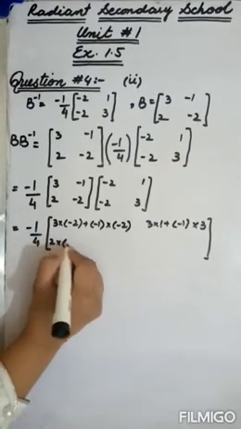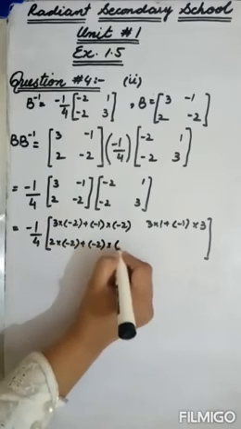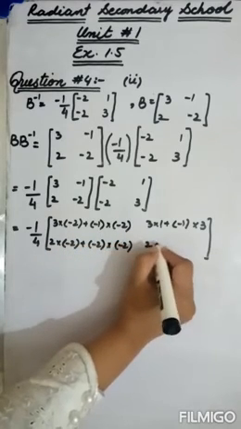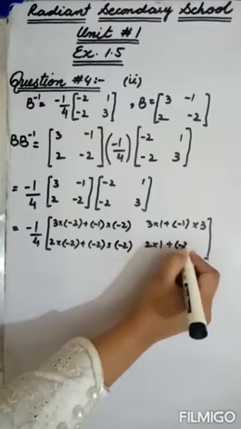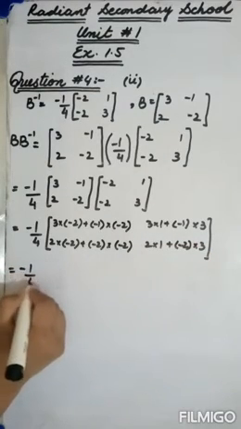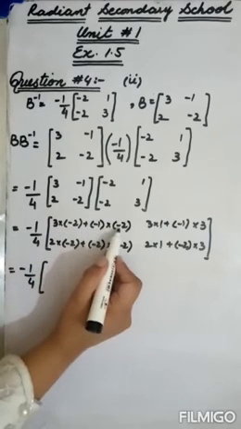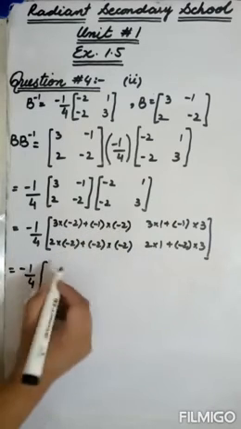Similarly, 2 will be multiplied by minus 2 plus minus 2 will be multiplied by minus 2. 2 multiplied by 1 plus minus 2 multiplied by 3. Minus 1 by 4, and it will be minus 6. Minus minus plus, it will be plus 2.